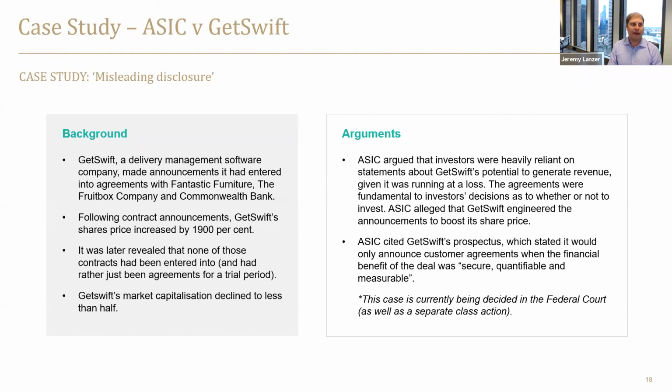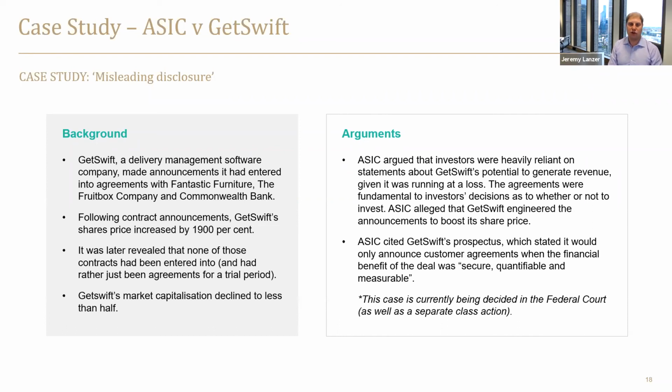But companies will also look to make positive announcements, of course, and you need to be careful when you're doing so what you are saying and making sure that information is accurate and that it's not misleading or deceptive in the way in which it sets expectations within the market.